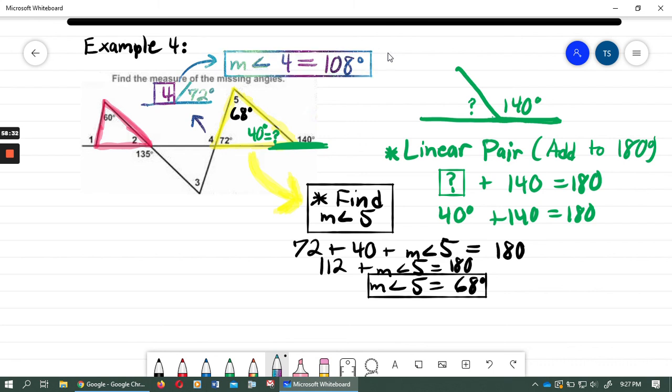So again, folks, the measure of angle 4 equals 108 degrees, because these two angles form a straight line. They are a linear pair. Awesome.